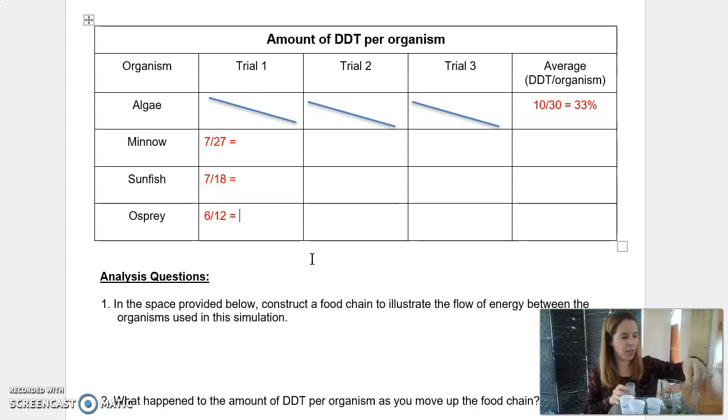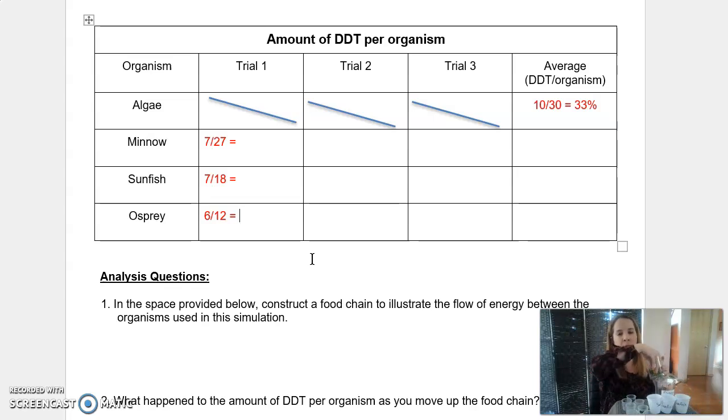Okay, do it a couple times. Make sure we get accurate results. Okay, back to my shaker cup. Line up my 9 minnows. There's 3 trials to get some accurate results on here. Okay.